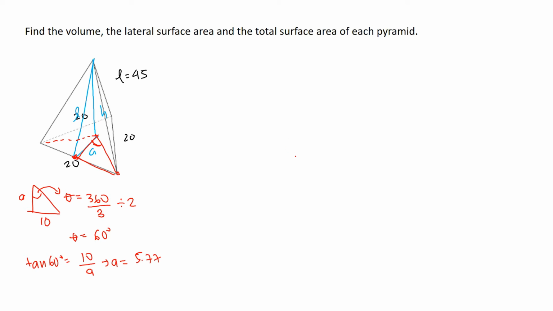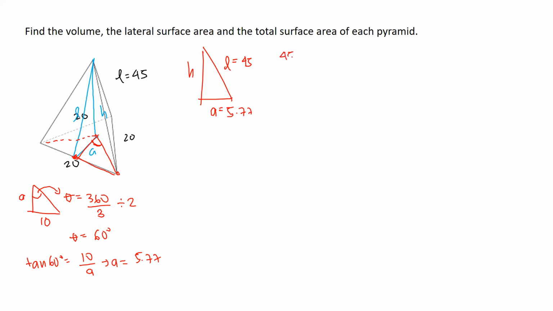Okay? So, the apothem is solved. Therefore, we can now solve for the height. Apothem, slant height, height. The slant height is already given, 45. The apothem is already solved, 5.77. Therefore, we can now solve for the height of that pyramid.